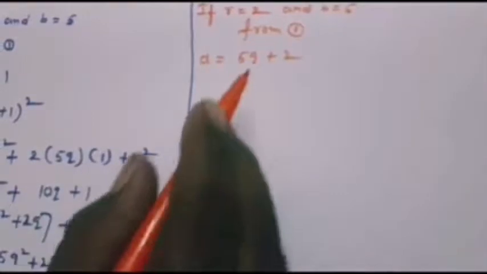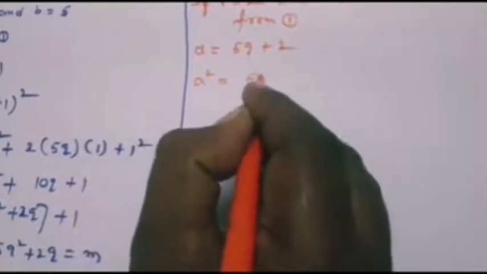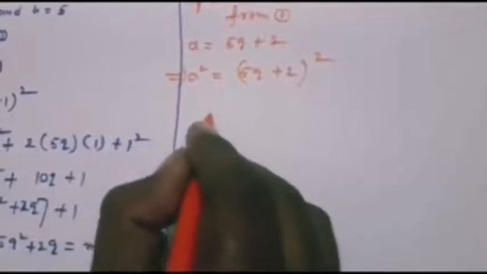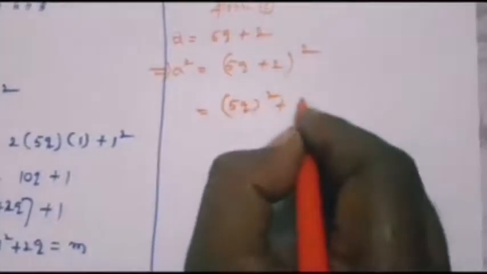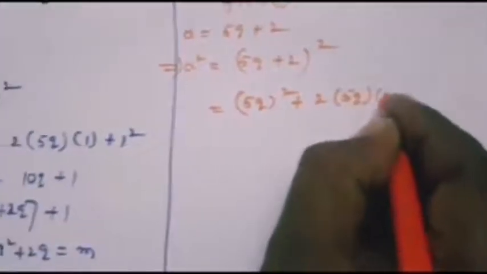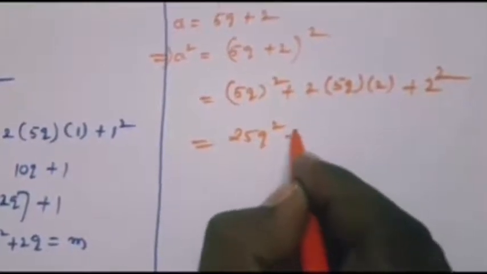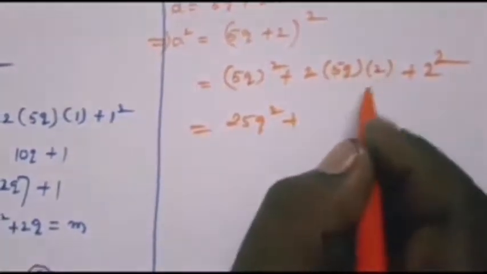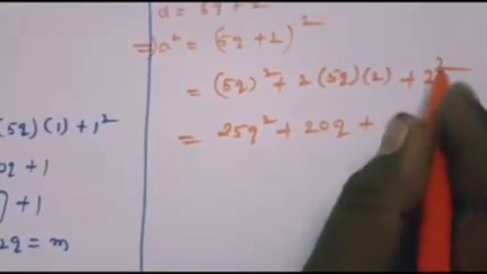Again squaring both sides, a square equals 5q plus 2 whole square, which is 5q whole square plus 2ab plus b square. 25q square plus 2 fours, 20q plus 4.